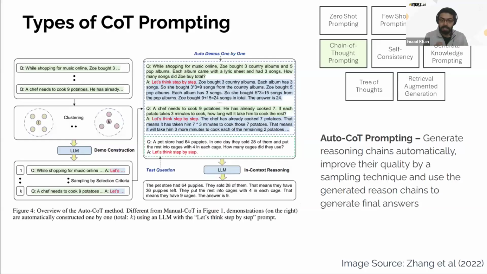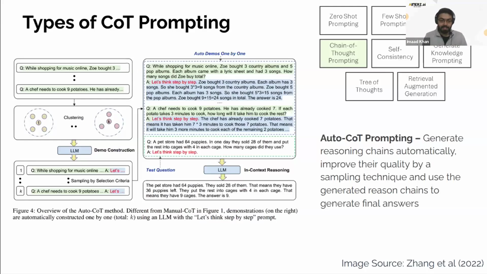This is slightly more complicated, but this is essentially what I was talking about in the context of reasoning models, where they're using automatic chain of thought prompting techniques, which will allow you to generate these reasoning chains automatically, and then you use a sampling technique that will allow you to select the best possible subset of your answer or best possible answer, and then you use another LLM to finally generate your final answer.